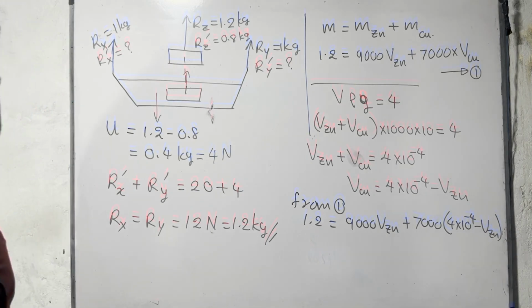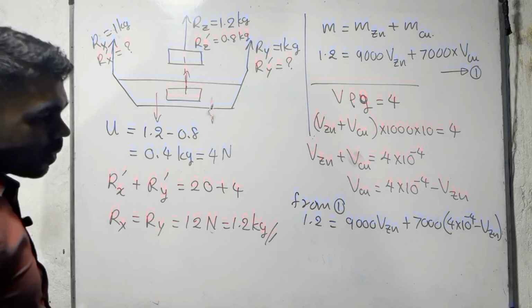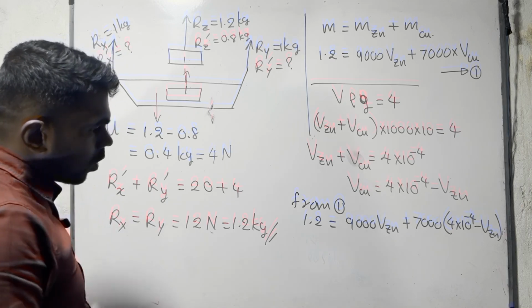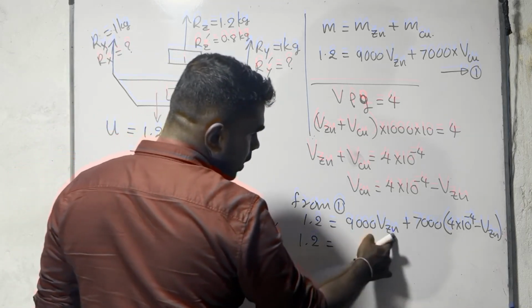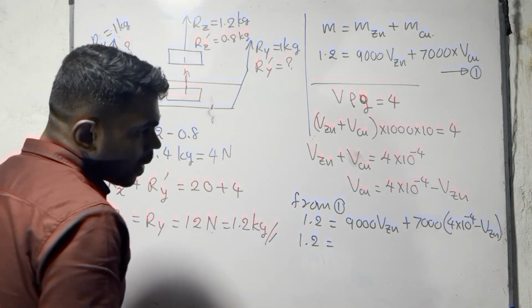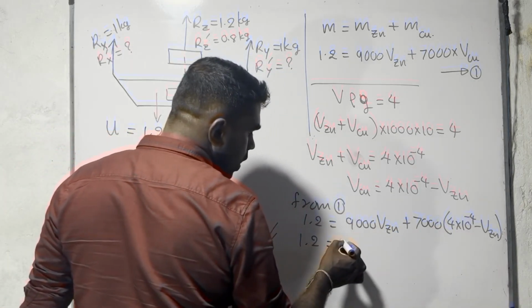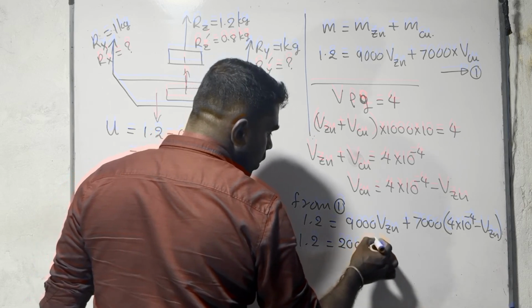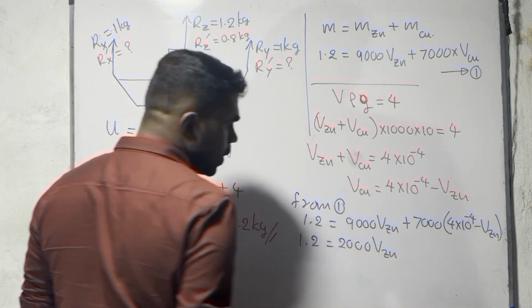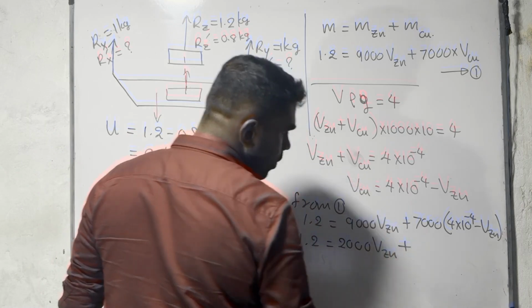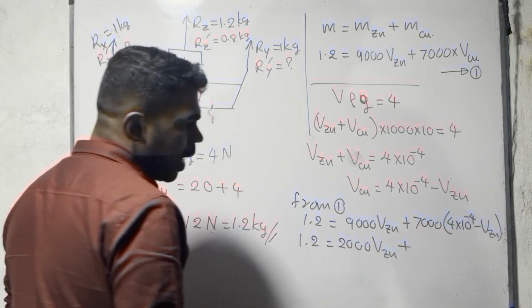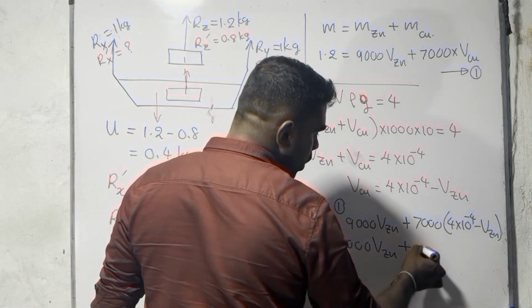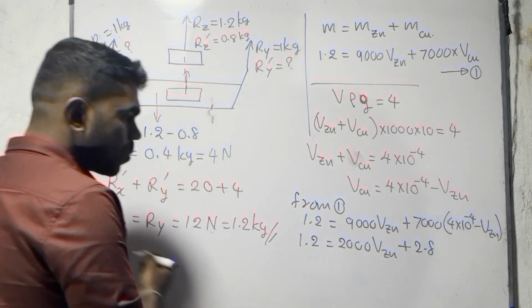Then we can find zinc volume in the corresponding block. 1.2 equals 9000 V zinc minus 7000 V zinc. It means 2000 V zinc plus 10 to the power minus 4 into 1000, 10 to the power minus 1, 7 into 4, 28, 2.8.